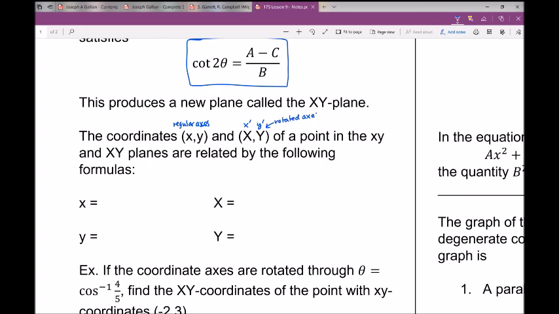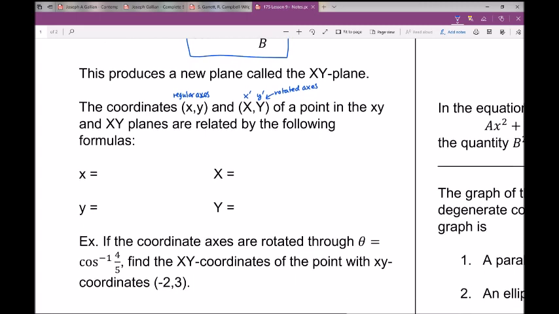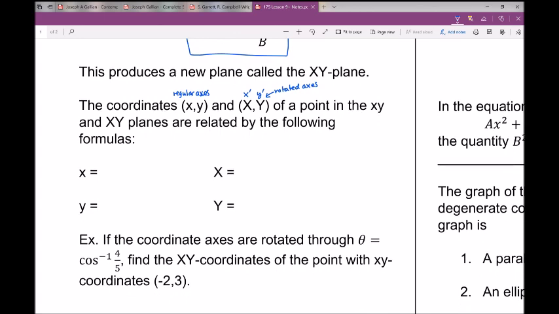So there are specific formulas that we use to get rid of that xy term so that we can actually figure out how to graph our equation. Little x is equal to big X times the cosine of theta minus big Y times the sine of theta. Little y is equal to big X sine of theta plus big Y cosine of theta.